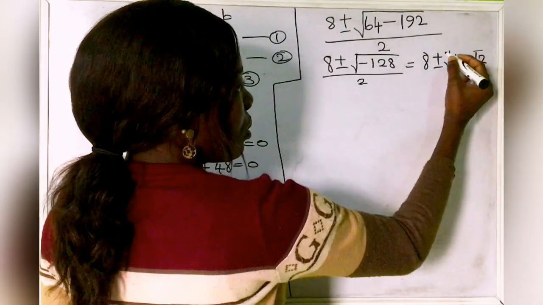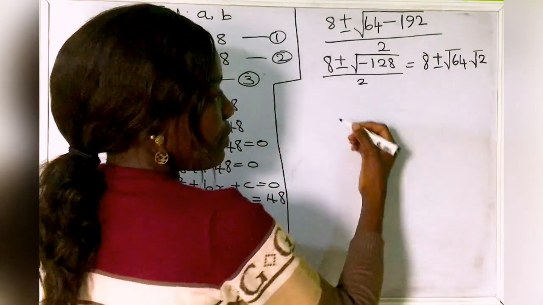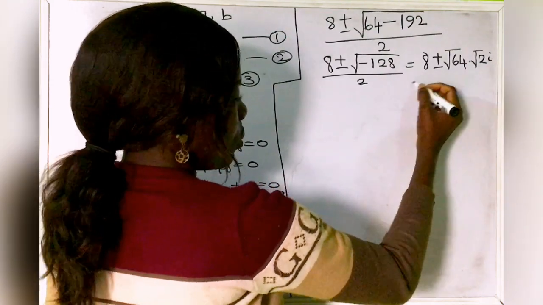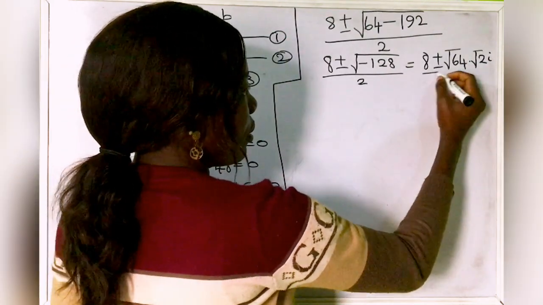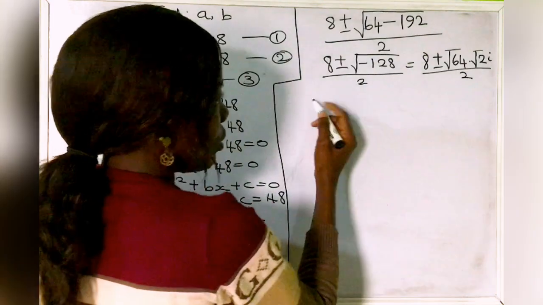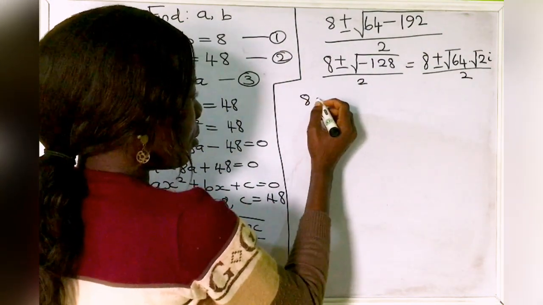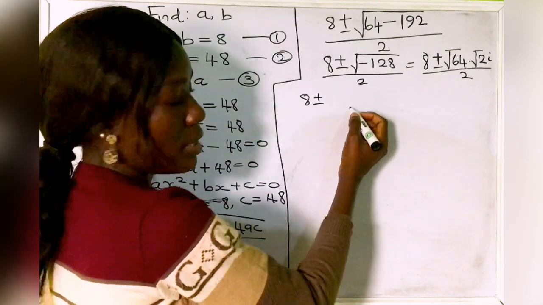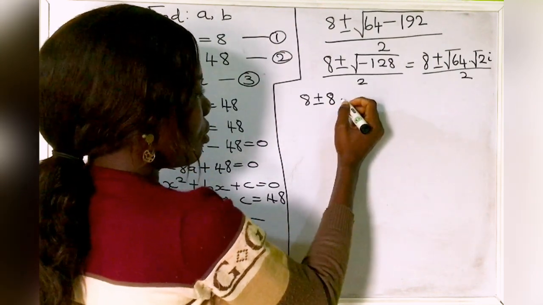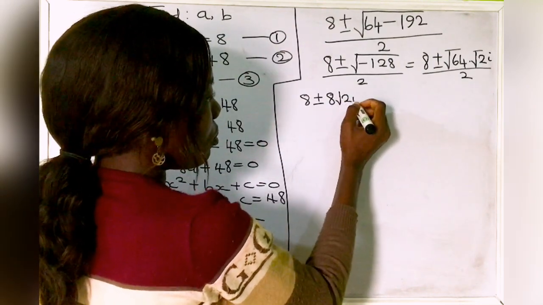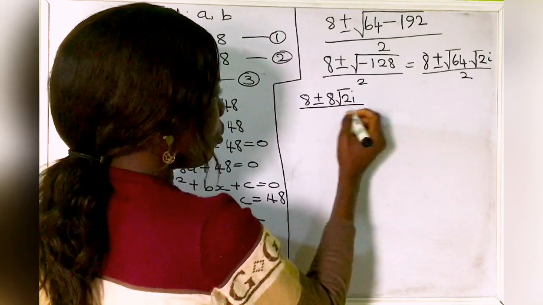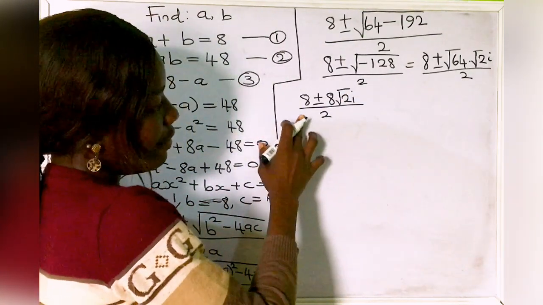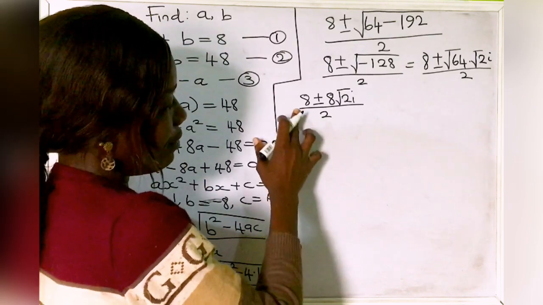Okay? Then you have a negative sign here. That is going to represent our i, because the square root of minus 1 is i, over 2. So now we have 8 plus or minus the square root of 64, which is 8, then we have root 2 i over 2. Now let's factorize this and find the common term.